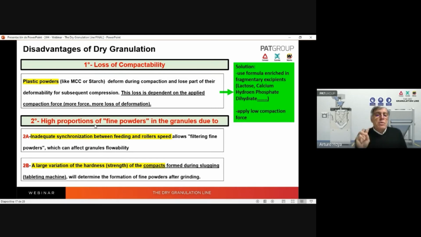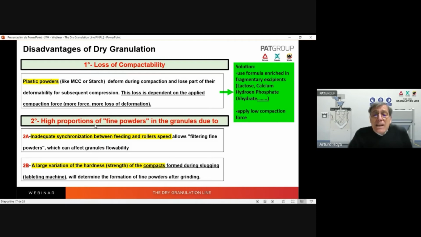So we have two possibilities. 2A, if we have an inadequate synchronization between the screw feeding and the roller speed, this allows the fine powder to filter through, and so this affects the flowability.